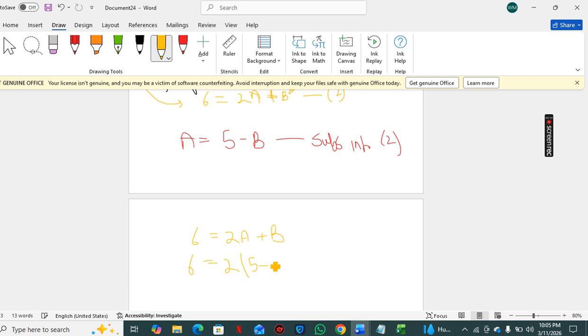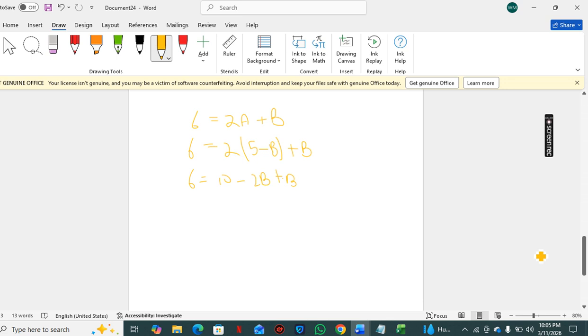Substitute with 5 minus B. Means A equals 5 minus B. That's B. 6 equals 2 times 5, 10. 2 times negative B, that's negative 2B. Plus B. Negative 2B plus B, you get negative B. So 6 equals 10 minus B. Okay.